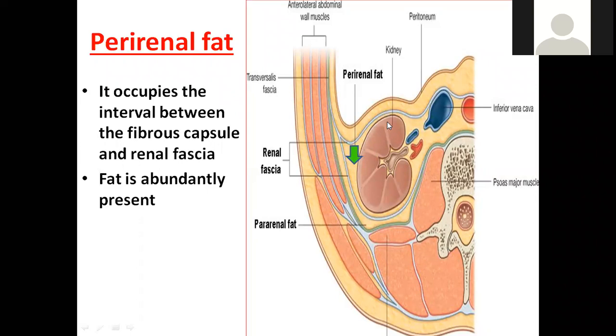Okay, so roughly speaking, between the black line covering the kidney and the white line, whatever fat is there, to be more specific, between the fibrous capsule and the renal fascia, whatever fat we are finding, that is nothing but perirenal fat. And fat is abundantly present here. When you do dissection, you will see this.